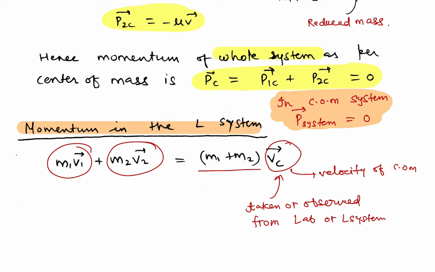Because if you observe the velocity of center of mass in C system, mathematically you will write it as the velocity of center of mass with respect to center of mass, and this will be simply Vc minus Vc, and it is 0. So we have derived the relation in the mathematical form. And in a funny way, say you are the center of mass. What is your velocity with respect to you? It is obviously 0. You are at rest as per yourself. So that is the case with center of mass.